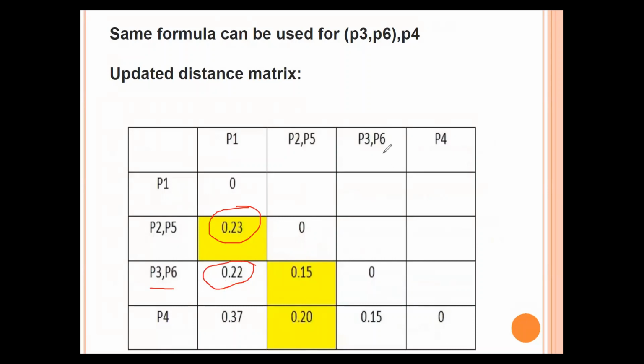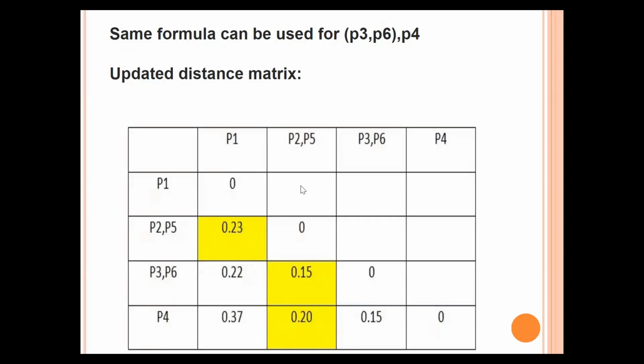P3, P6 with P4 is 0.15, and P3, P6 with P2, P5 is 0.15. Now do practice and please solve these questions the way we did in the last slide.